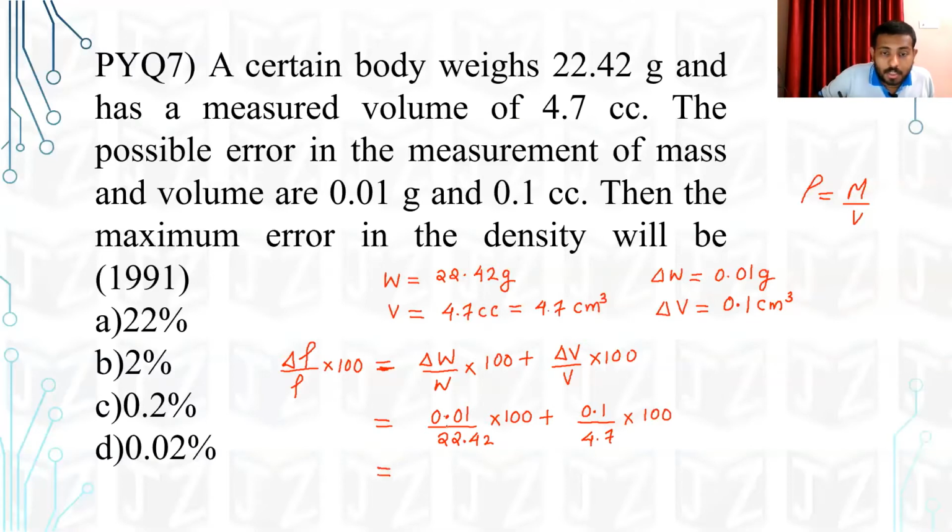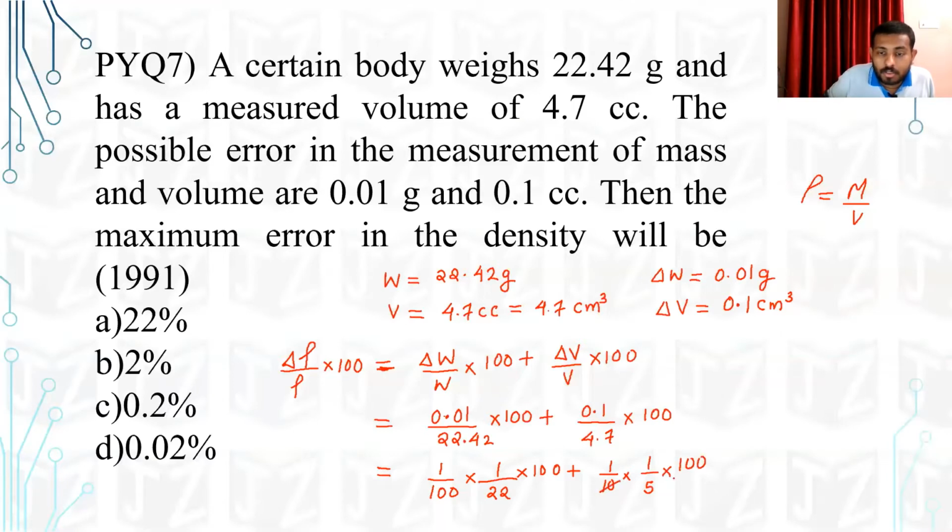So this 0.01 is actually 1 by 100, and I take it as 1 by 100, and I will do a little bit of approximation here, that is 22 into 100 plus this 0.1 is 1 by 10, and I take a little bit of approximation, that is 5 into 100.